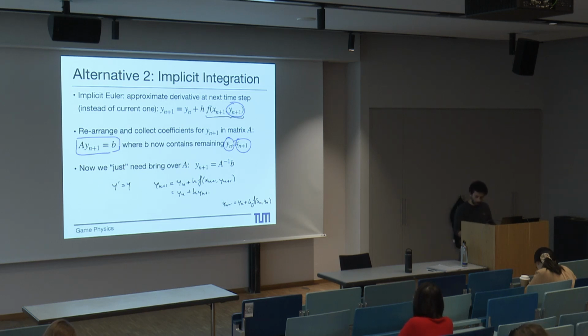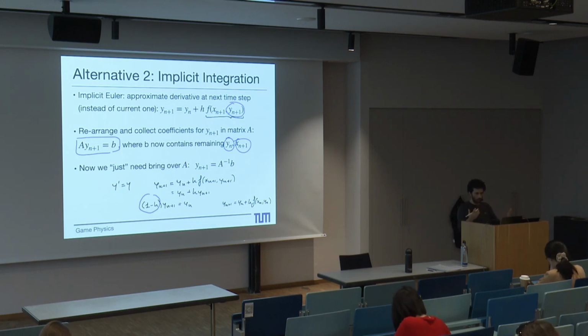So as you can see, we have yn plus 1 on both sides, and we can easily gather the two terms on one side. So in this specific situation, it's a scalar equation, so it's much easier and trivial to invert. This part will play the role of our matrix A, and this is going to be our vector B. And of course, in this case, finding the solution is relatively trivial, because we just need to divide by 1 minus h, and that's as easy as it gets.